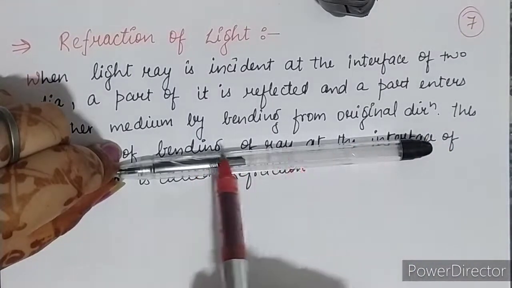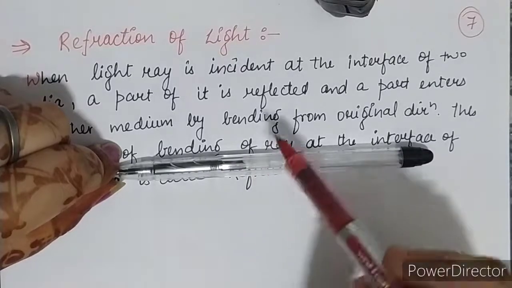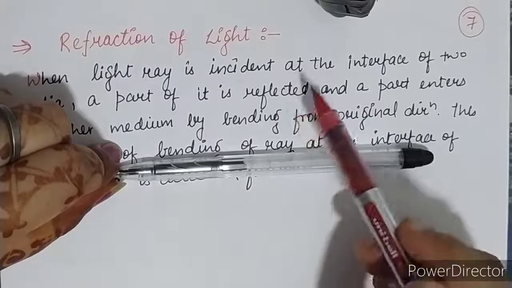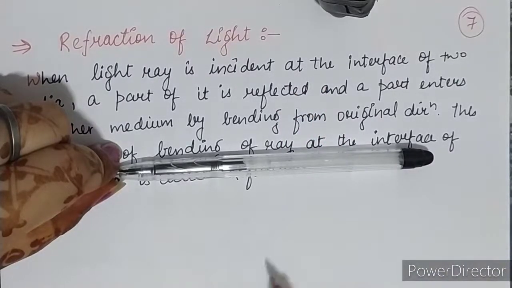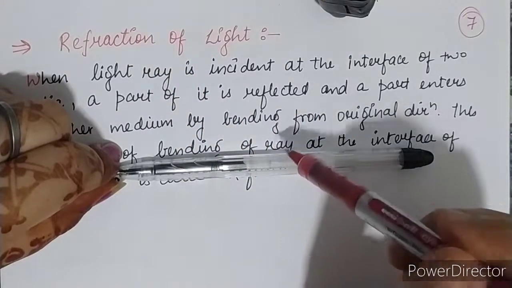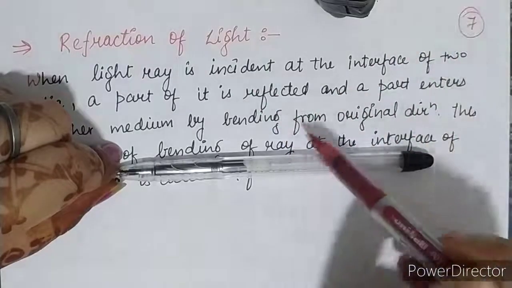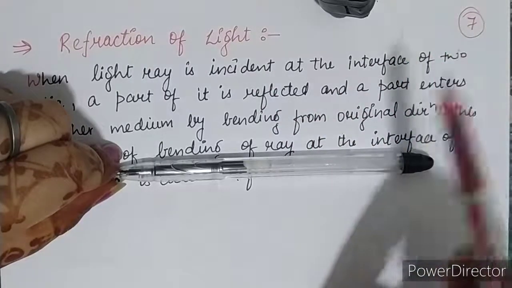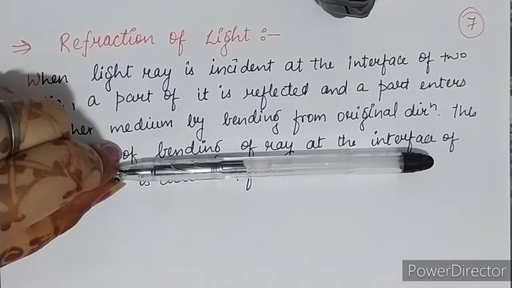This is the surface of the water, below it the water is present, and above it air is present. So air is one medium and water is another medium. As the light is incident on this point, some part of it is reflected in the same medium, because reflection takes place in the same medium, but some part is refracted and enters the other medium.